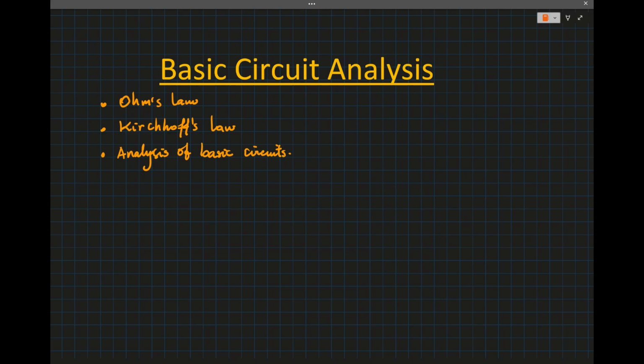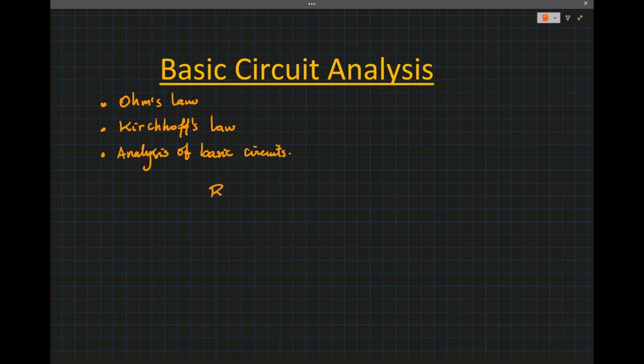Okay, so the simplest element that we are going to talk about is the resistor, across which the voltage and current are related by an algebraic equation.